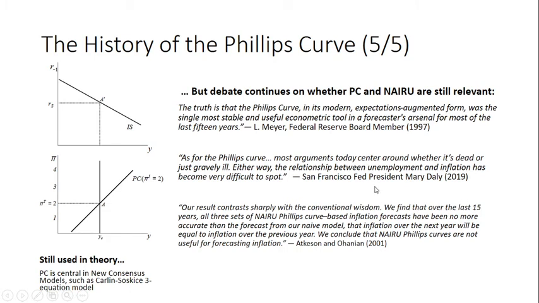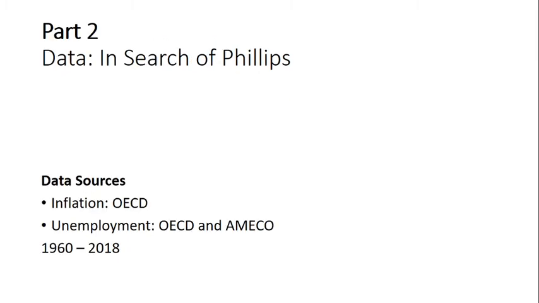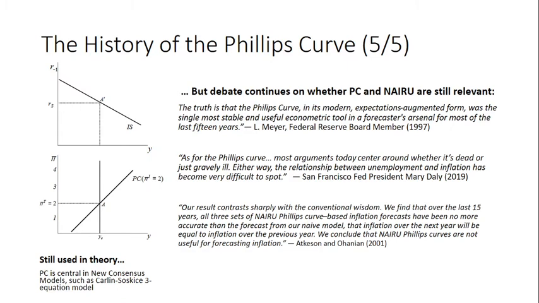In 2019, San Francisco Federal Reserve President Mary Daly said, as for the Phillips curve, most arguments today center around whether it's dead or just gravely ill. Either way, the relationship between unemployment and inflation has become very difficult to spot. Taking a more econometric approach, these two academics concluded that our results contrast sharply with the conventional wisdom.